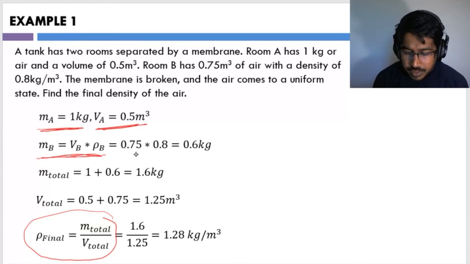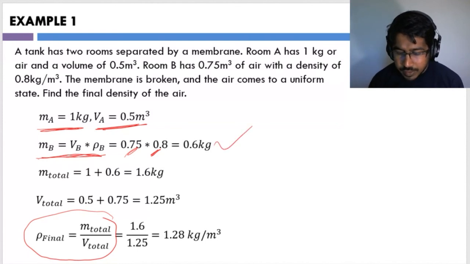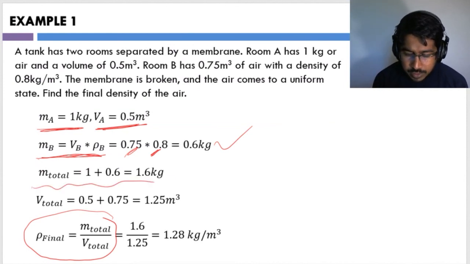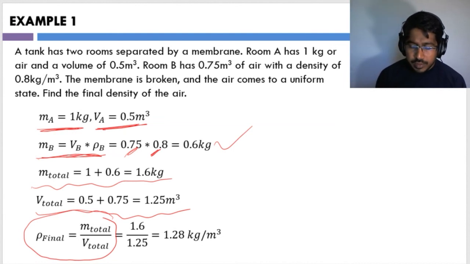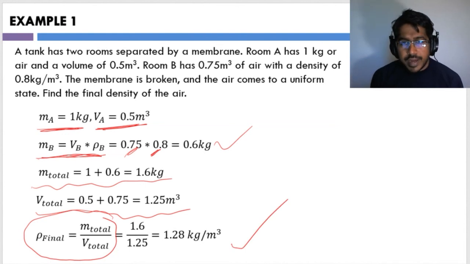Now we substitute 0.75 cubic meters here, and 0.8 kilograms per cubic meter is the density. So we get MB, and VB is already given, so 0.75. Now we can find M total, which is 1 plus 0.6, 1.6 kilograms, and V total, 0.5 plus 0.75, 1.25, and we get the ratio and we find the final density.